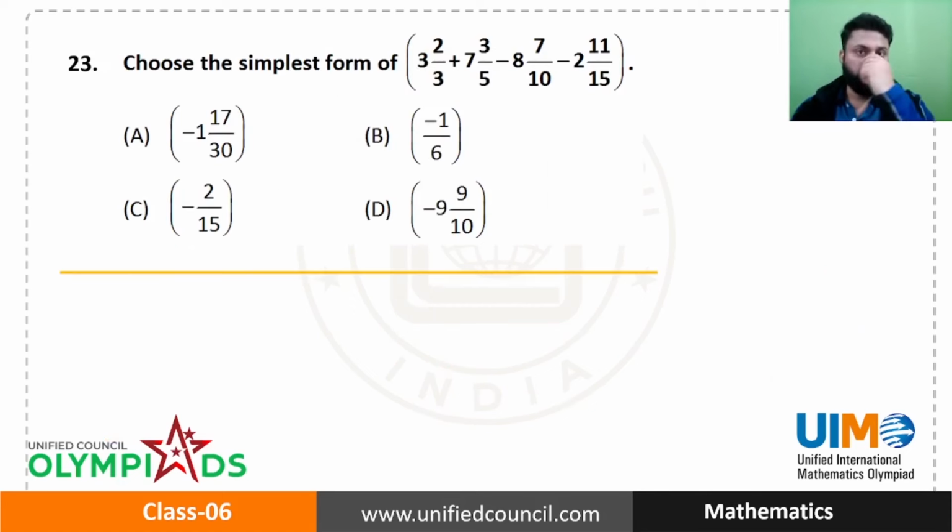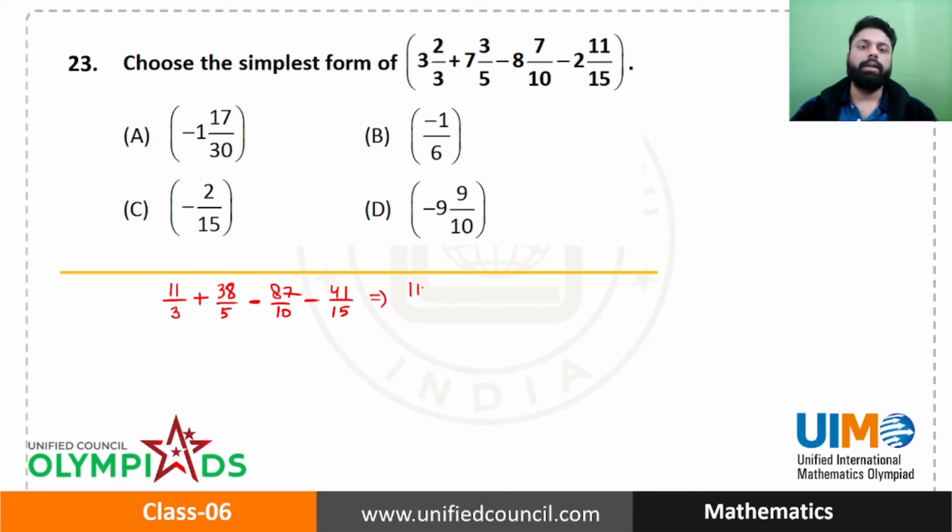Next one, choose the simplest form of it. Over here, this number can be written down as 9 plus 2, 11 upon 3, plus 35 plus 3, 38 upon 5, minus 87 upon 10, minus 41 upon 15. So here the LCM is going to be 30.